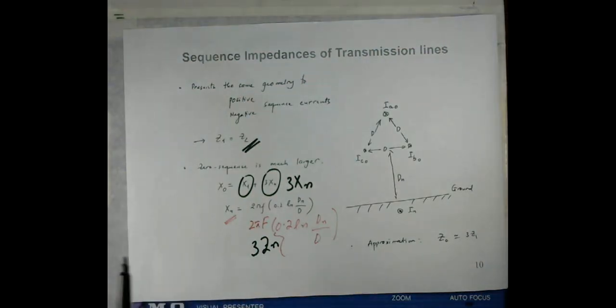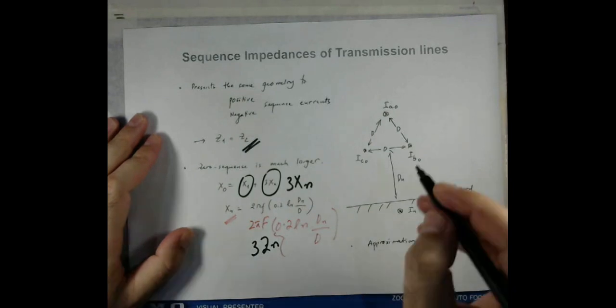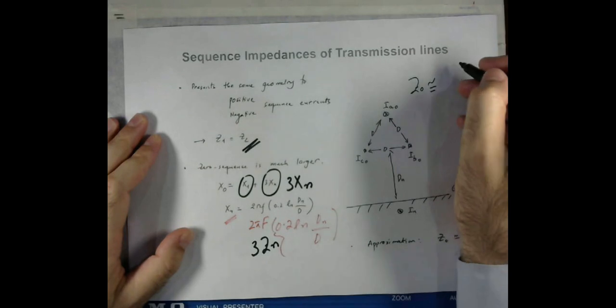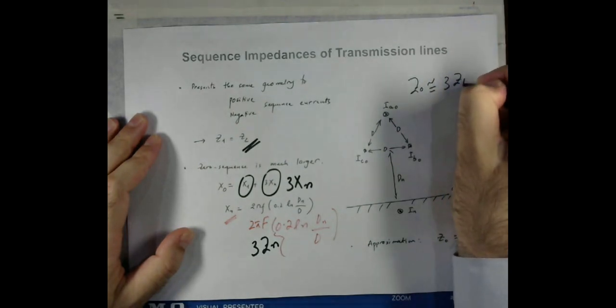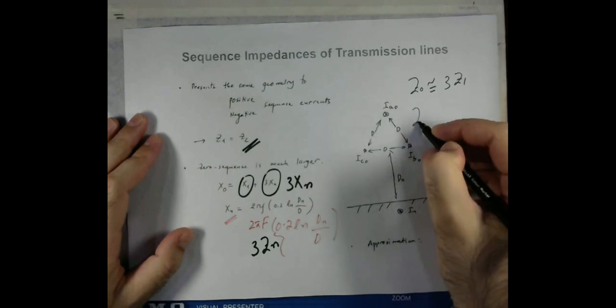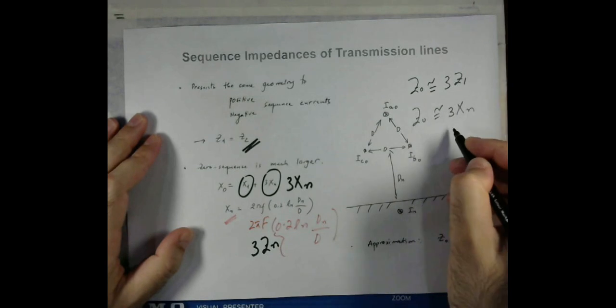So an approximation is made where Z0 is taken as approximately 3Xn, since we are taking only inductive reactance.